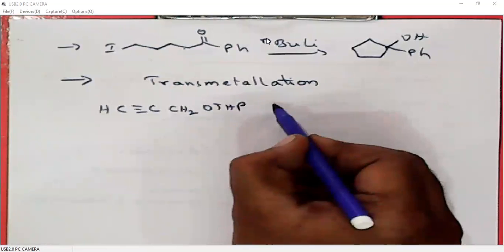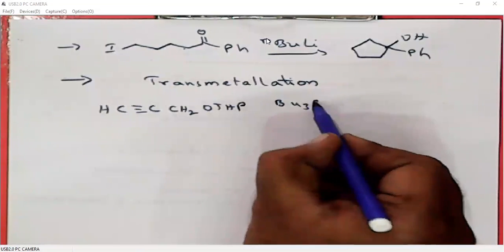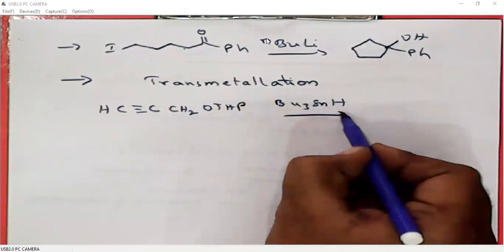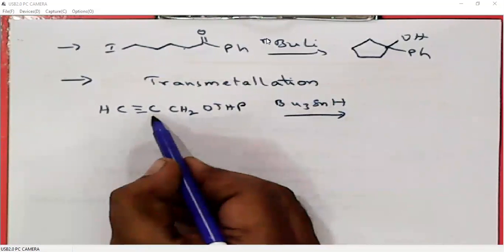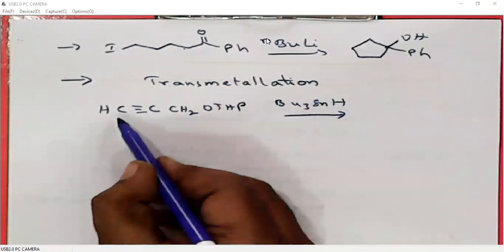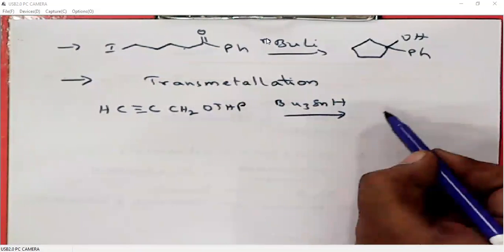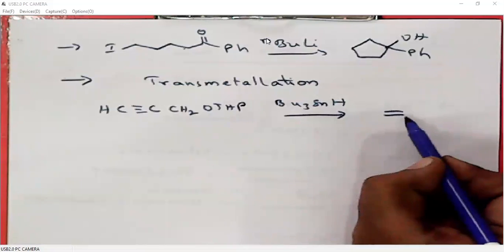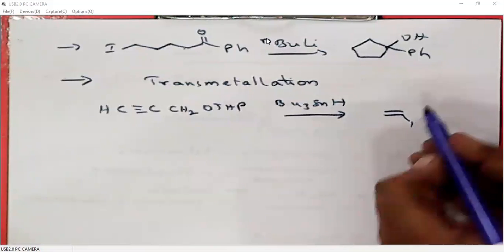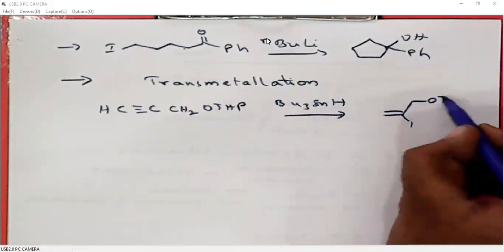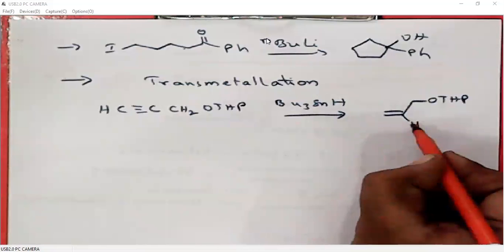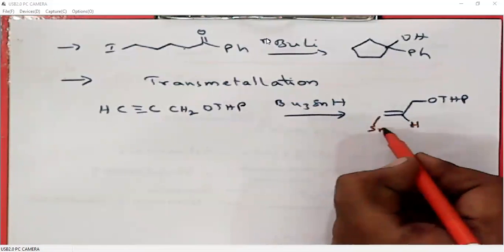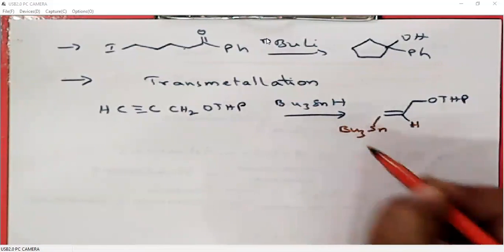When a triple bond is treated with tin hydride, the triple bond will undergo reduction. That means hydrogen will add on one carbon, tin will add to another carbon. Because it is a stereospecific reaction, both hydrogen and tin will add from the same side.